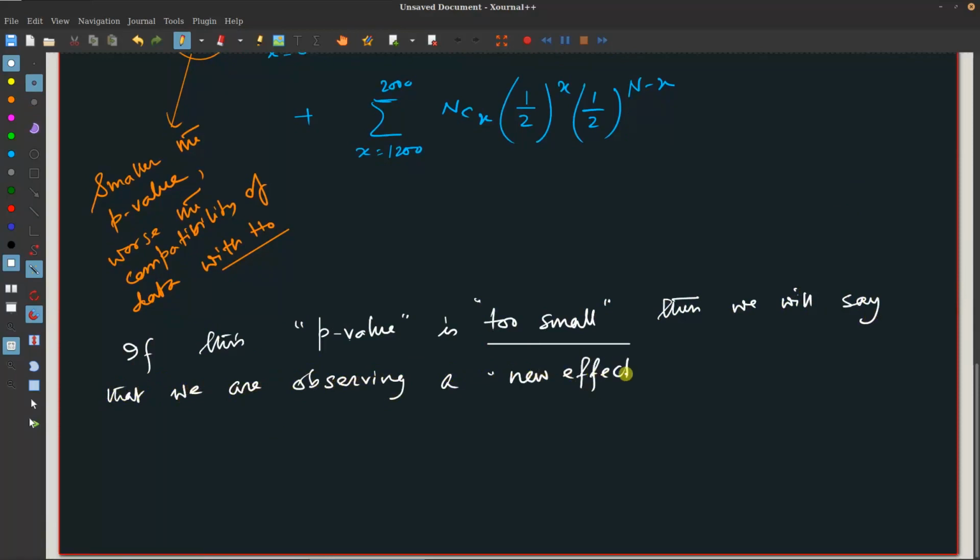Of course, we do not know what this new effect is, but this is a new effect that is not captured by H0.